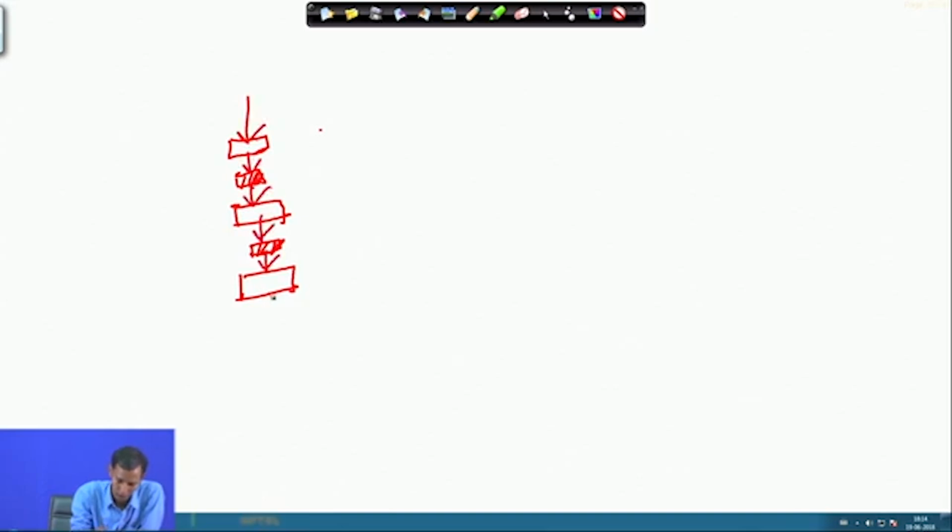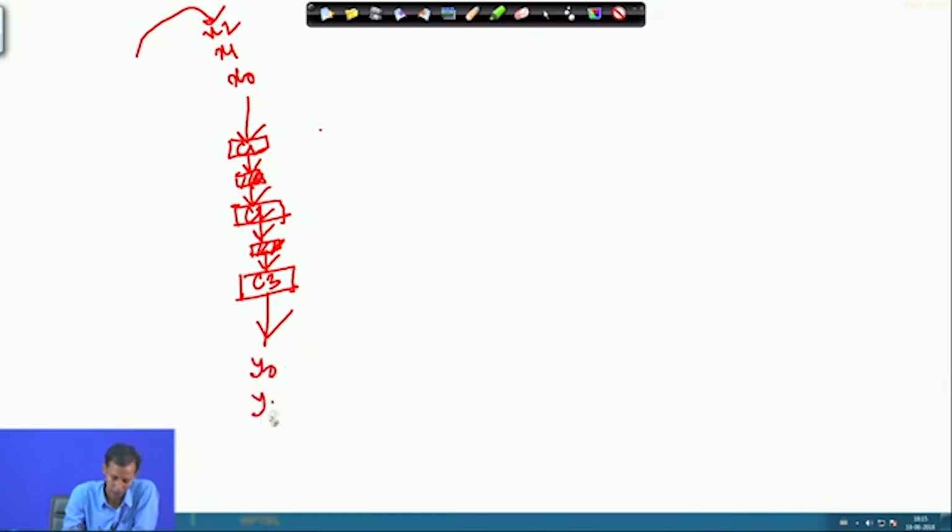Let me draw it first. This is my C1, this is my C2 and this is my C3, with these registers. Previously I drew it horizontally, here I have drawn it vertically. The inputs x0, x1, x2 come in this manner to the pipelined blocks, and I get y0, y1, y2 and so on.